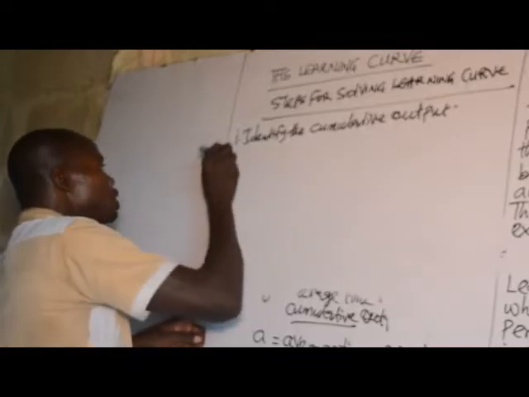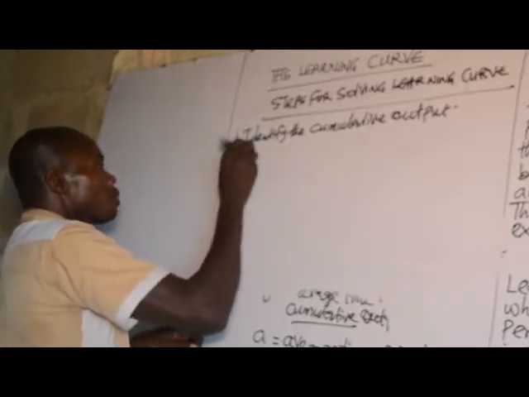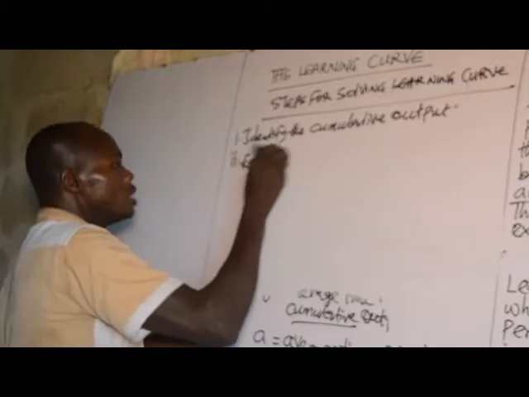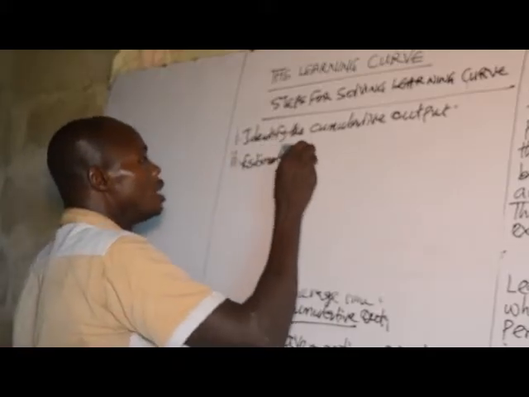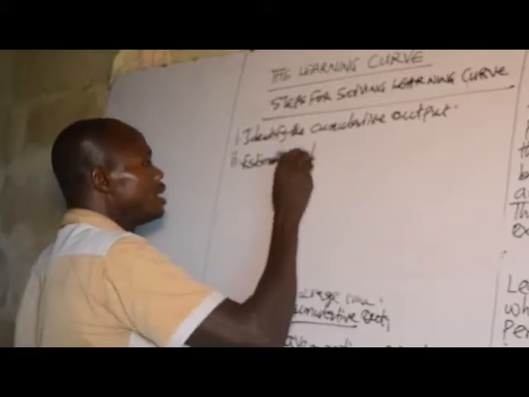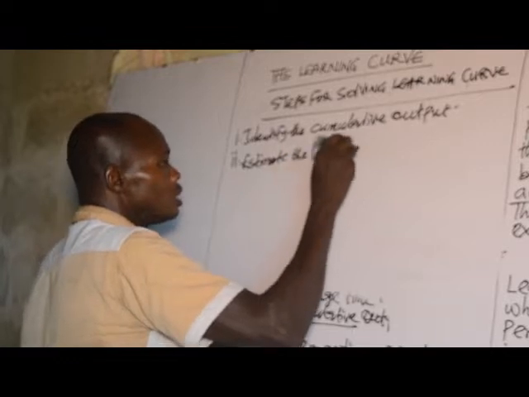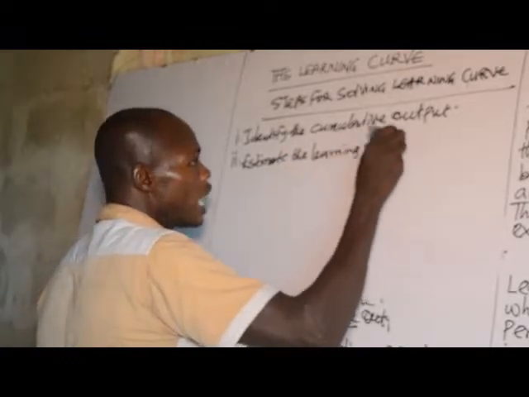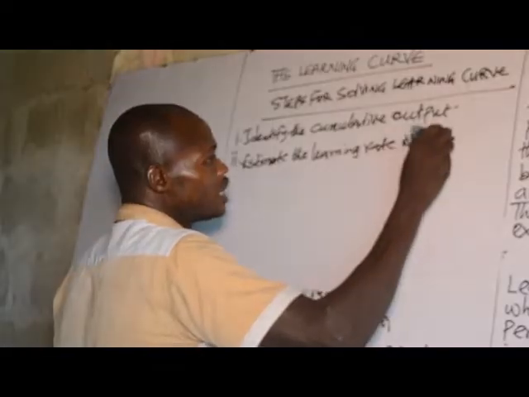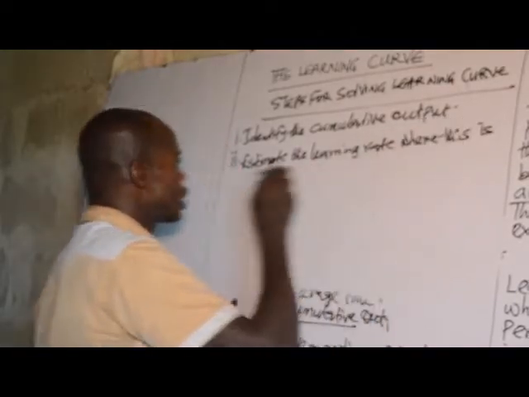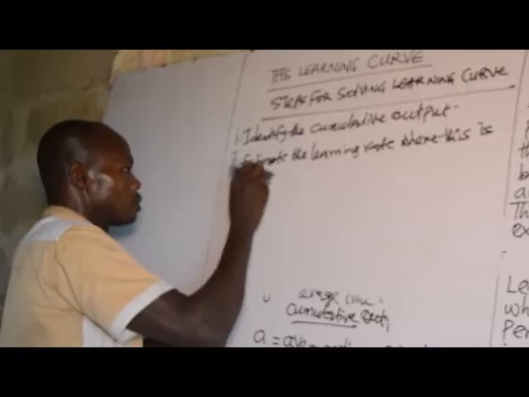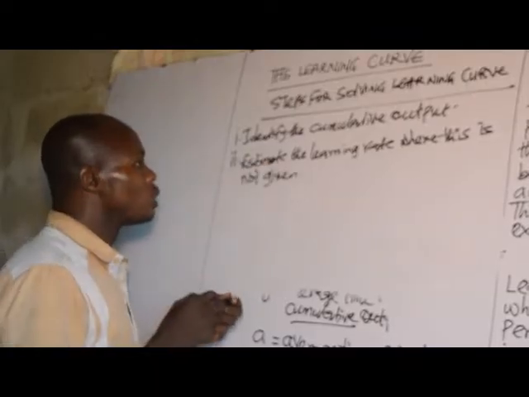The second step is to estimate the learning rate, where this is not given. In some cases, the learning rate will be given.